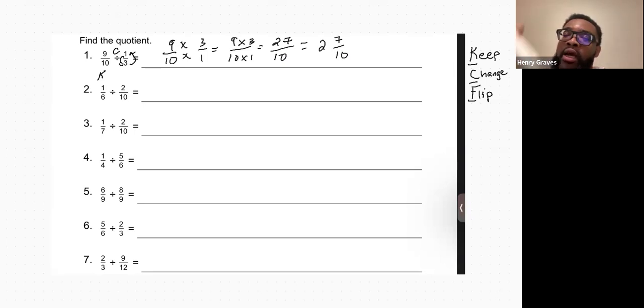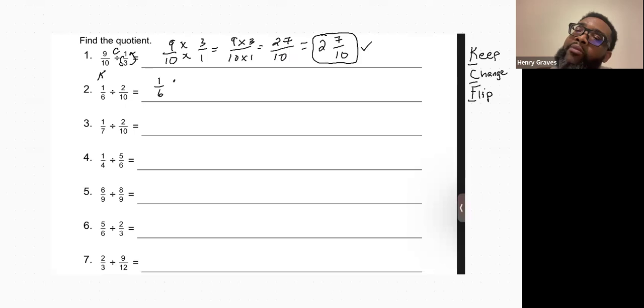We'll do another one. This time I'm going to use different colors to illustrate what happens. So I have 1/6 divided by 2/10. Okay, I'm going to leave the 1/6 the way it is.